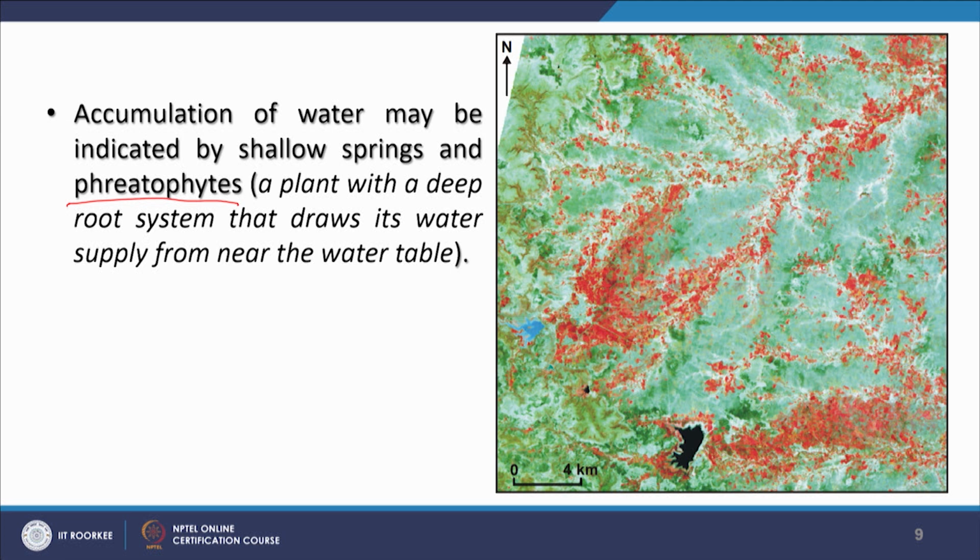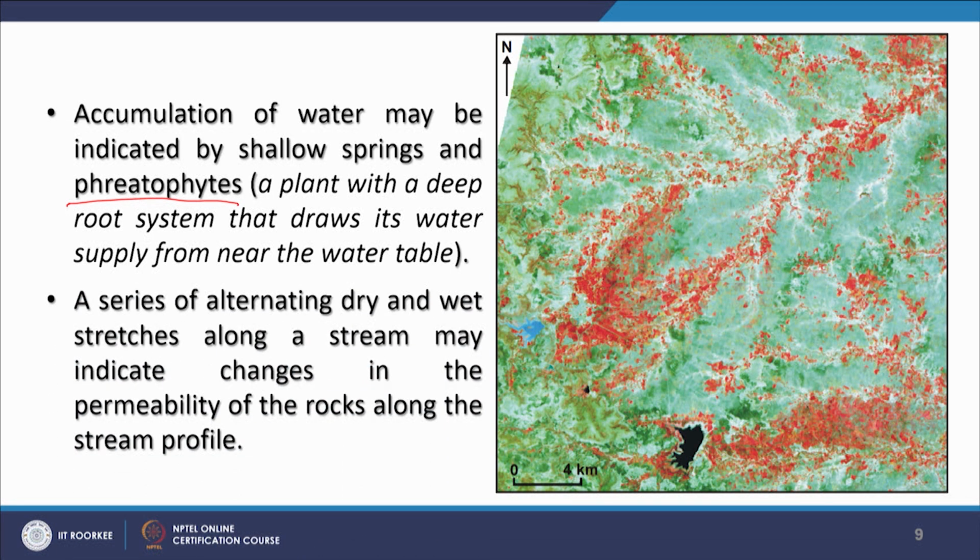Growth of vegetation in any part of the earth is an indication that some moisture, some water is available, and that gives us indirect evidence of the presence of water. This is what we also discussed when we discussed indirect evidences which we see on satellite images. So growth of vegetation is indirect evidence of the presence of water, and it is further proved through these pteridophyte plants.